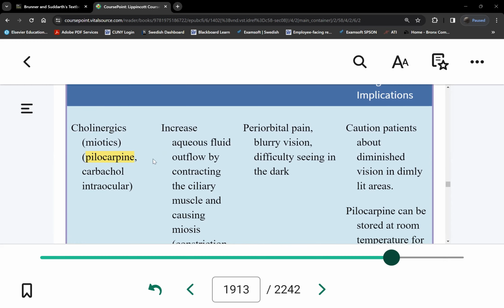The ones I highlighted, because there are many generics under the same drug class. So under cholinergics, for instance, I'm only going to use pilocarpine, which is the most commonly prescribed eye drop in the community. So for cholinergics, you have pilocarpine.